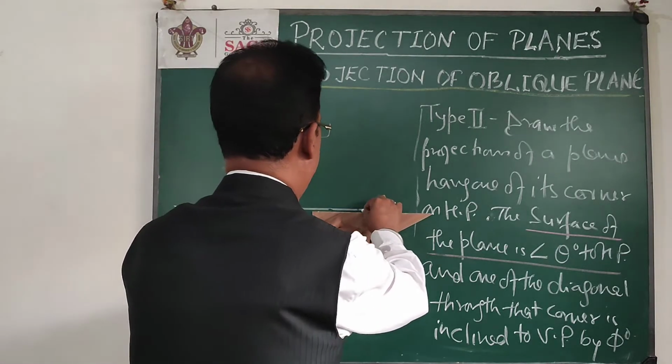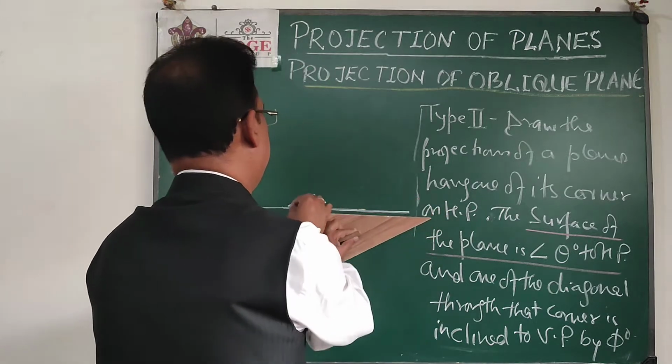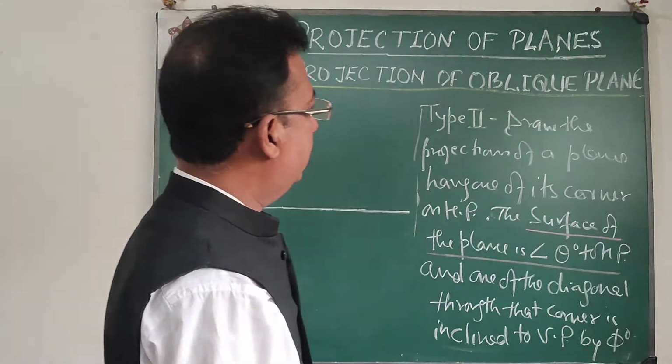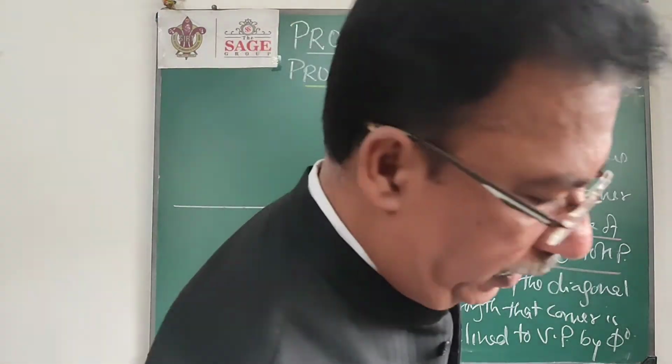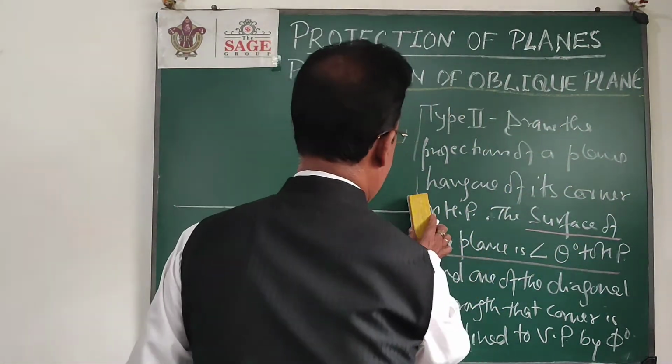So again the problem will be: draw the projection of a regular, instead of this plane I will say it will be a regular hexagon. Even I can write a problem here.